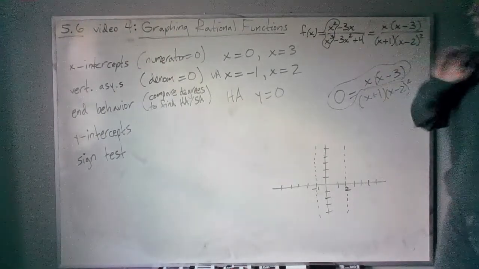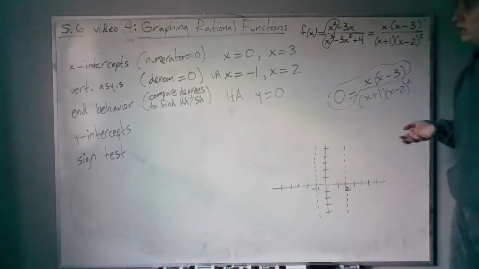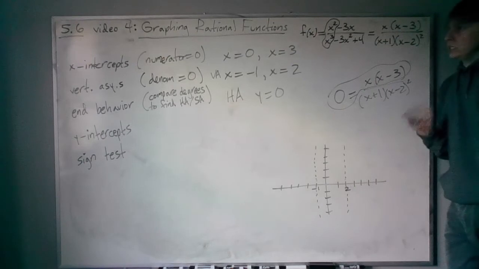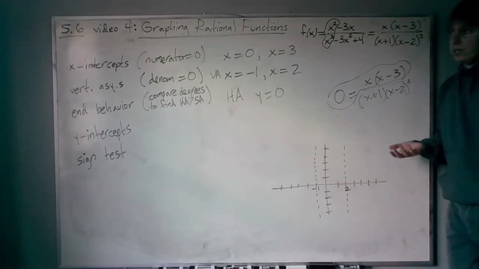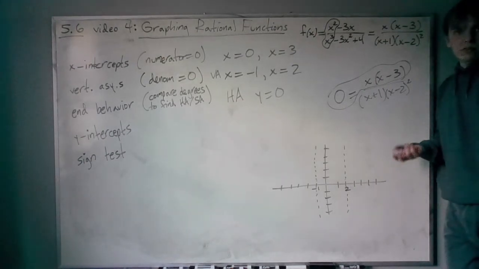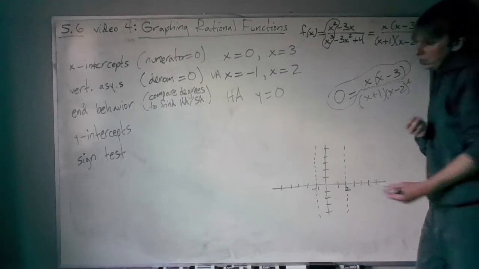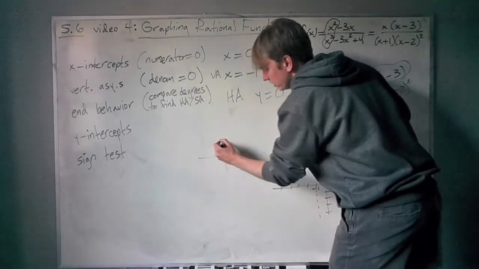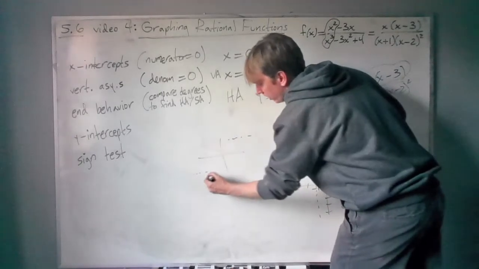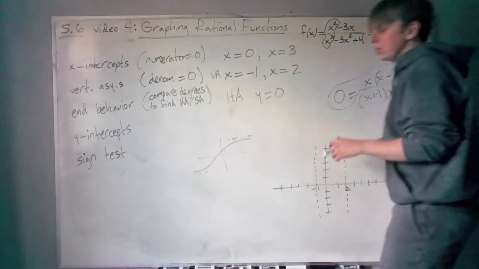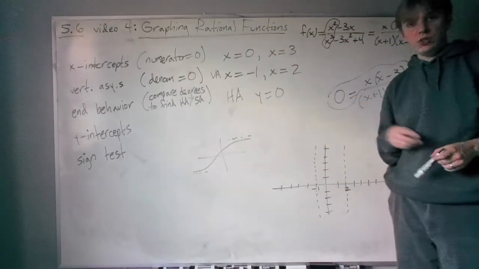Okay, so something else I didn't mention in the last video is it turns out the end behavior is, since it's just determined by the degrees, you're not going to be able to have two different horizontal asymptotes. So like, we'll never have a graph that has one horizontal asymptote on the right and a different horizontal asymptote on the left. A rational function can never do that.